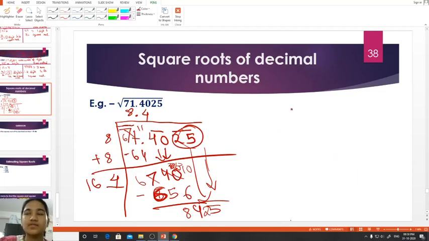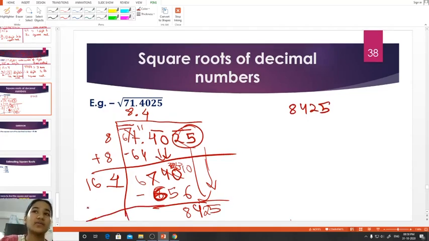Okay, so it's 8425. For the next step, as I had told you, again you have to add it with the next quotient, the quotient at the top. When we add 4 over here, it's going to be 168.